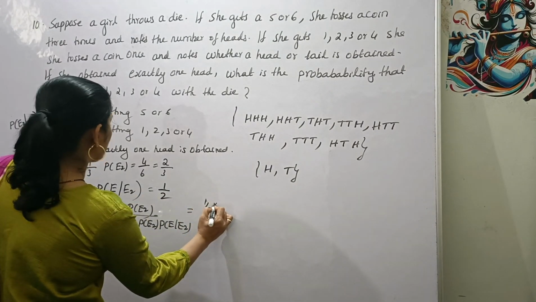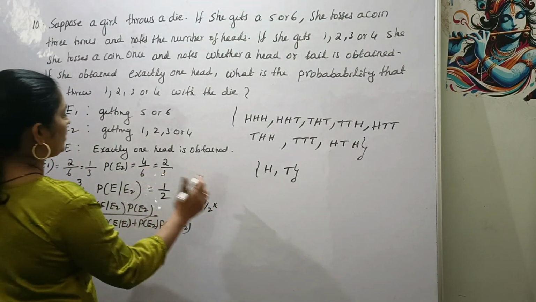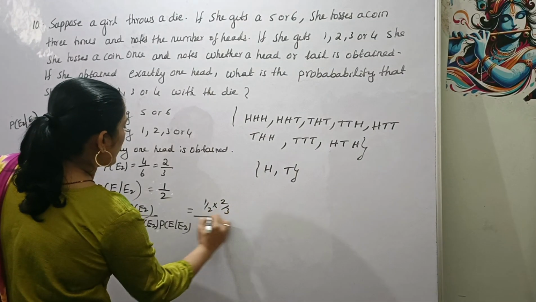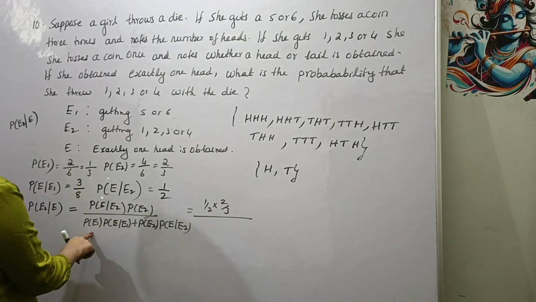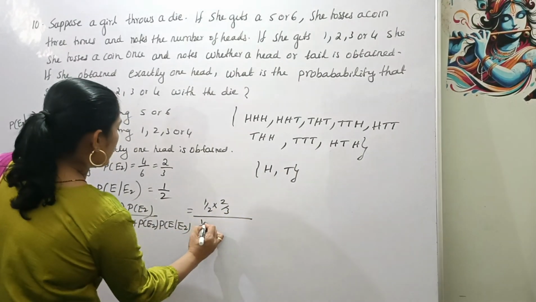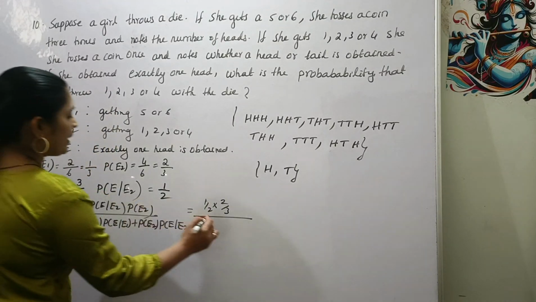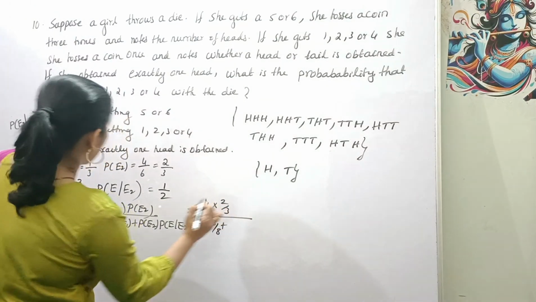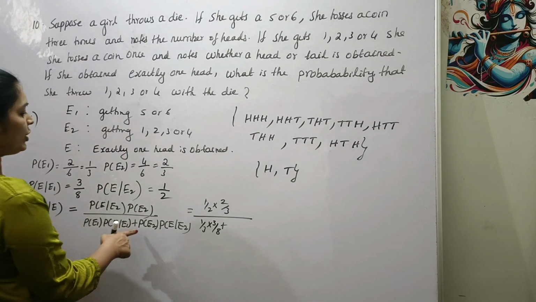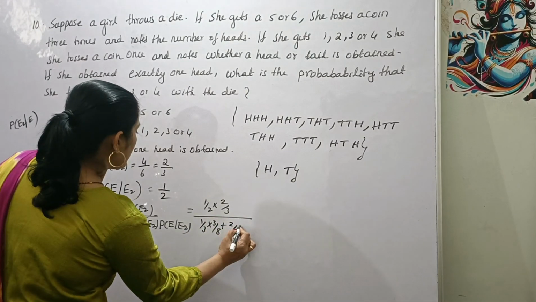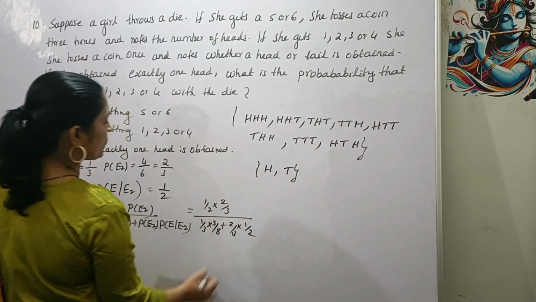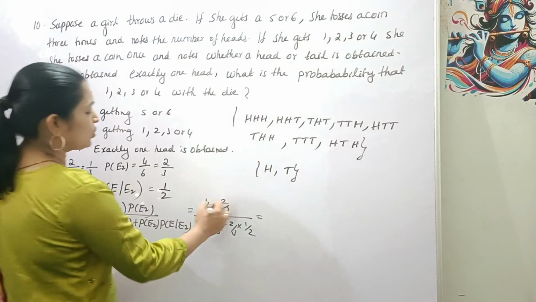That is equal to 1 by 2 into 2 by 3 divided by probability of E1 is 1 by 3 into 3 by 8 plus probability of E2 is 2 by 3 into 1 by 2. That is equal to, 2 cancel.